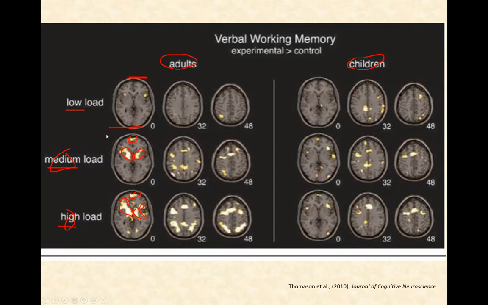Adult brains are able to increase activity relative to the difficulty of the task, but kids are not. So not only do kids have trouble with working memory tasks because they have a lower working memory capacity, but we also see that their brains are not meeting the challenge of the working memory tasks.